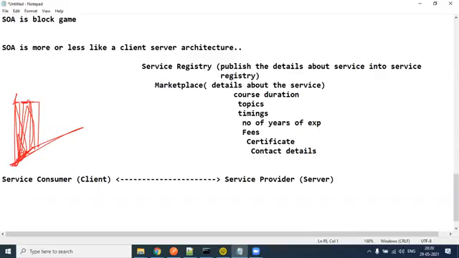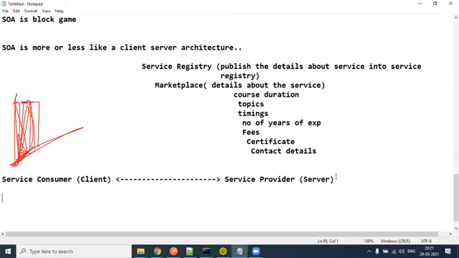For example, if you talk about OOPS, how do you implement it technically? You write a class, you write some methods, you write some variables. Object oriented programming is a concept, but how do you materialize that? You start writing classes and so on.